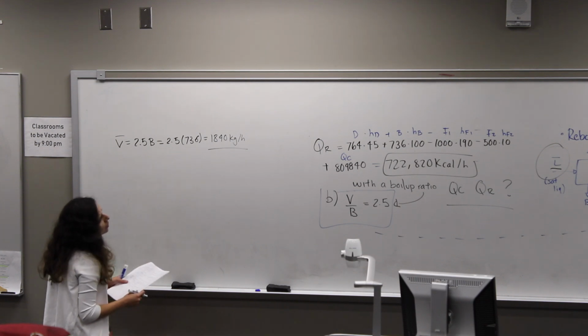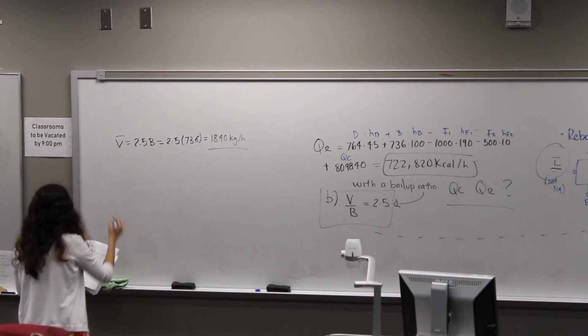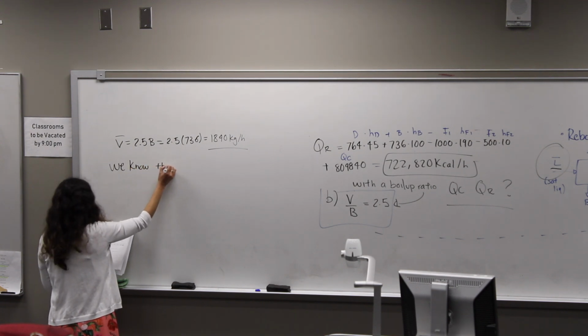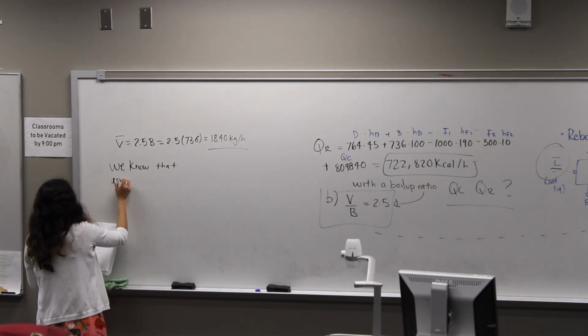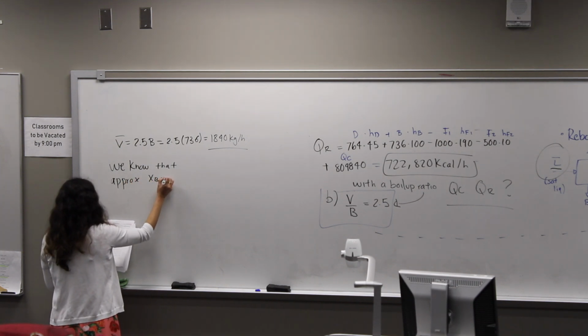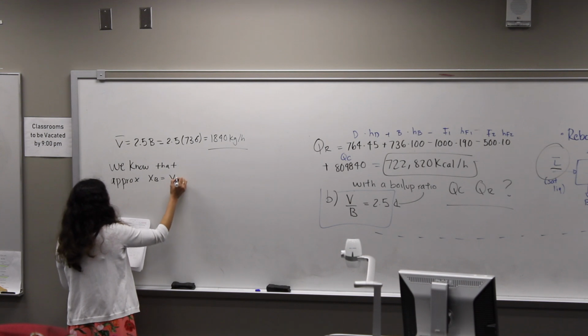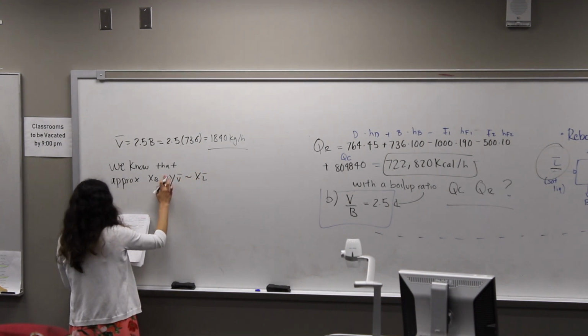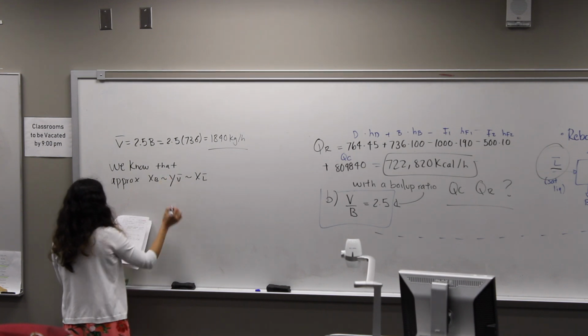So I need you to look at the reboiler image that I made there. And we know that approximately the fraction of the liquid, the bottom fraction of the liquid, is that of the vapor and is that of the saturated vapor, right?